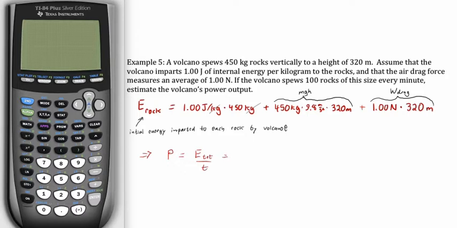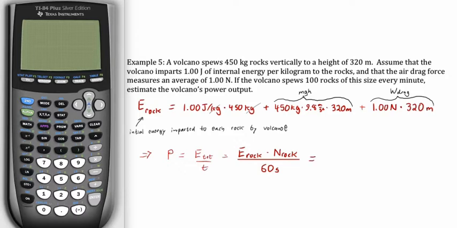And total energy is going to be the energy for each rock times the number of rocks per unit time, and the unit time that we have here is 60 seconds. We could calculate the number of rocks per second, but here we can just think of it as 60 seconds because we were given 100 rocks per minute.